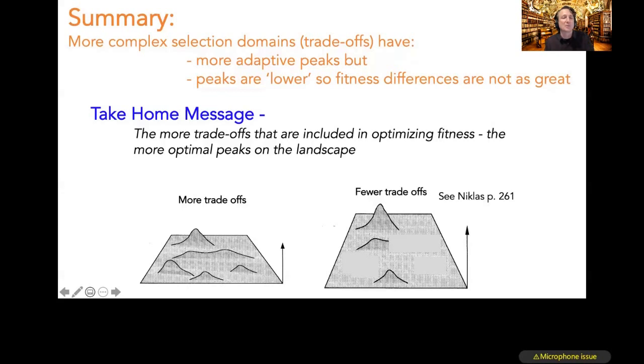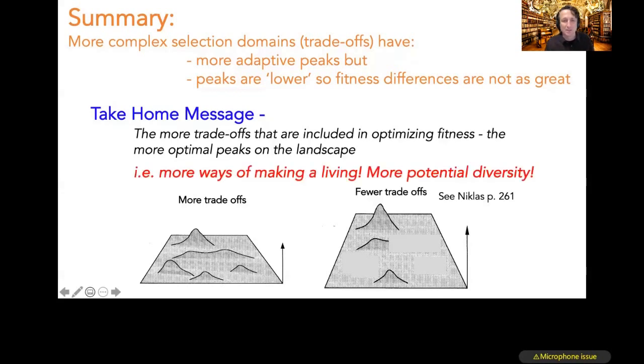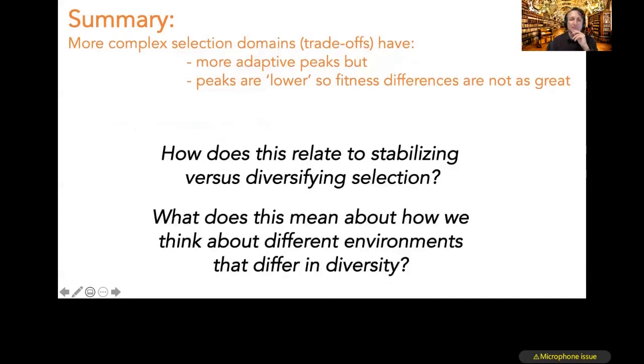And the more trade-offs we have as land plants have diversified and we have more of these different synapomorphies and more of these unique traits, the more ways we can find an optimal solution for a given environment. So there's more ways of making a living. The more trade-offs you have, the more different strategies you have in a given environment, and the more potential for diversity. So think of diversity as strategies, these allocation strategies, these differences in form and function.